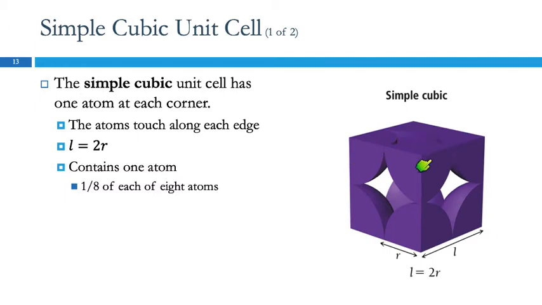If this was made out of styrofoam or something that we could manipulate, note to self, get something like that, we could pull these apart and put them back together and see that these pieces could fit together and make one complete sphere, because each of these is 1/8 of an atom.